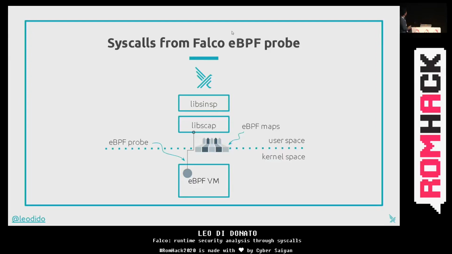When this is running, libscap also receives data from the maps that it created through the BPF maps. And this data will flow to libsinsp, which again does the same game as before, reconciling this data with Kubernetes data, container metadata, and container runtime data.